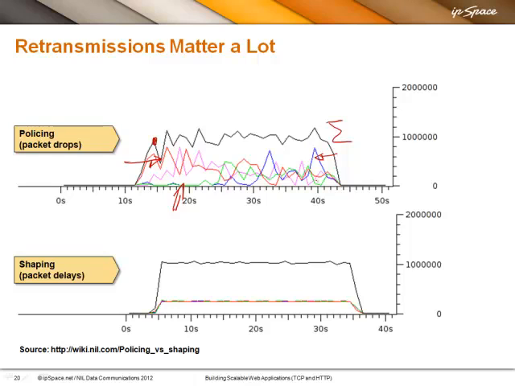On the other hand, if you're delaying packets, so if you're shaping, not dropping, the performance is optimal. Because TCP responds very well to delays, it says, okay, I'm experiencing delays, must be congestion, let's reduce the sending rate a bit. Whereas if you drop a packet, you go back to slow start and all sorts of interesting things happen.